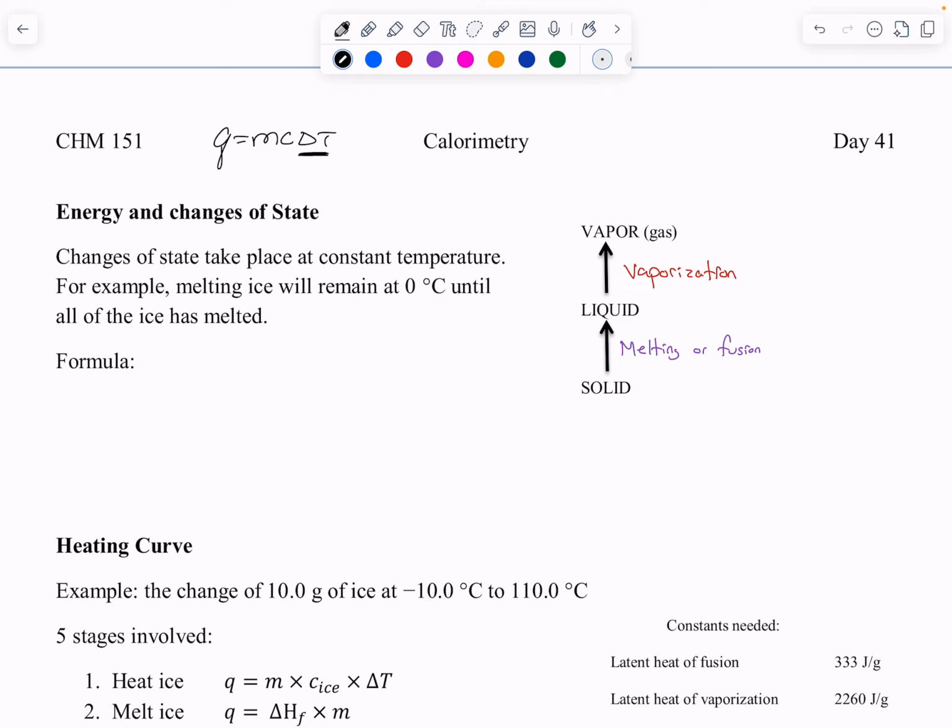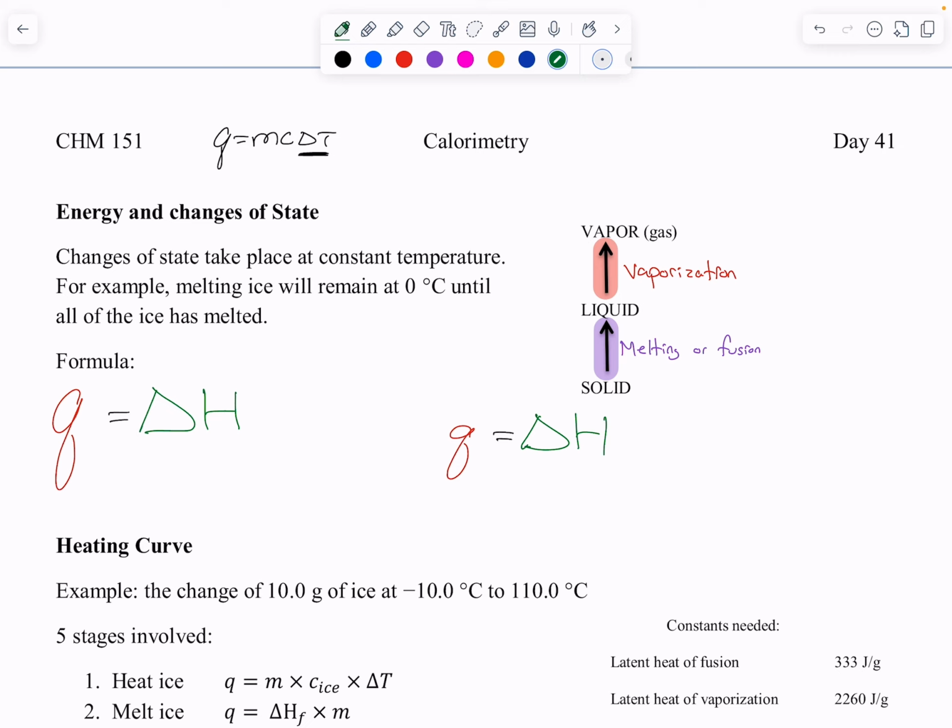And there's really two formulas because the distance here, this arrow in purple, solid to liquid, is different than that arrow from liquid to gas. Right? They have different sizes, different amount of energy required to go from a solid to a liquid than it is from a liquid to a gas. It's just different. It's not right or wrong. There's a reason for it, and it's different. So the formula is still Q, amount of heat, right? And then there's this new term, delta H, right? What is delta H?